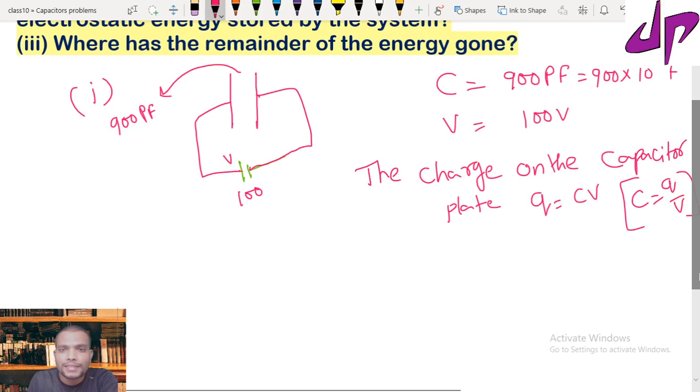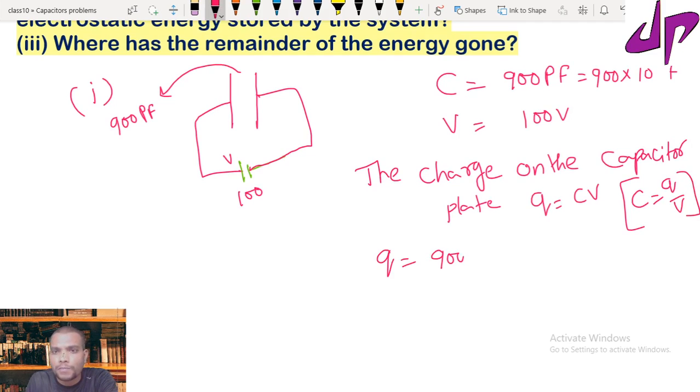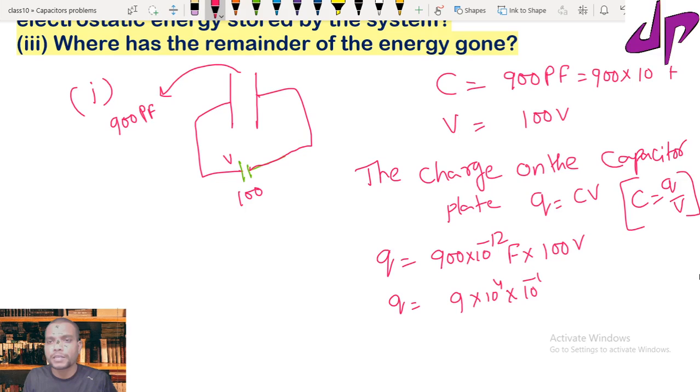Now to find the charge Q, just multiply the two terms. Capacitance is 900 times 10 power minus 12 farad times potential 100 volt. So Q equals 9 times 10 power 4 times 10 power minus 12 coulomb.